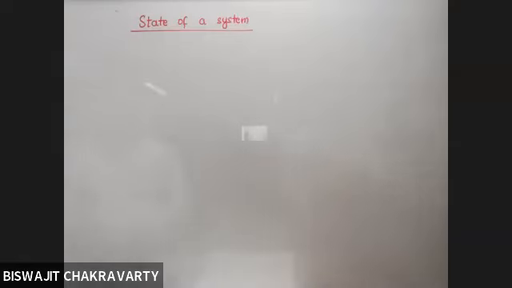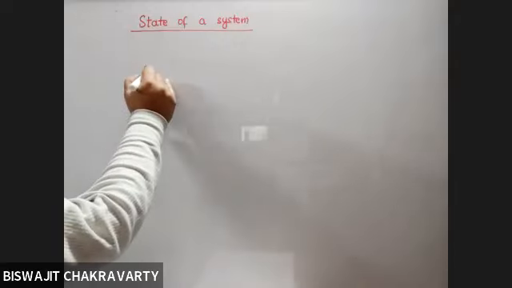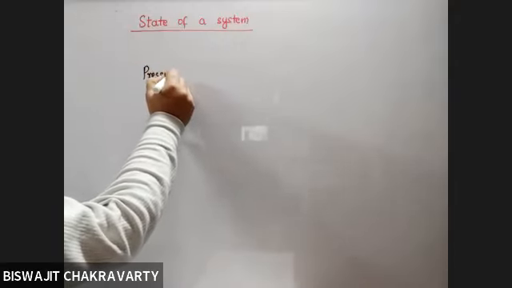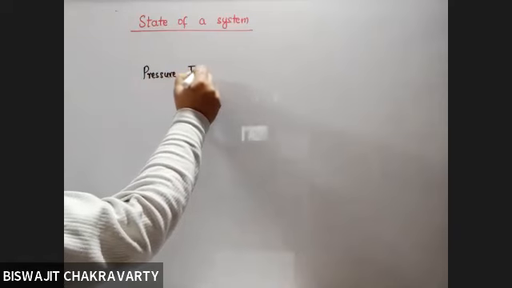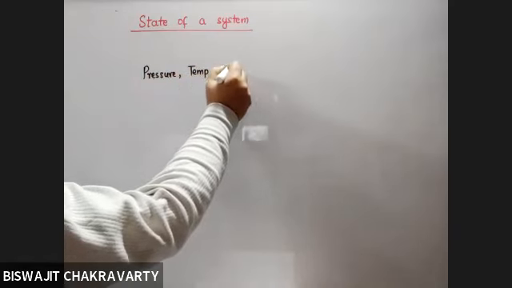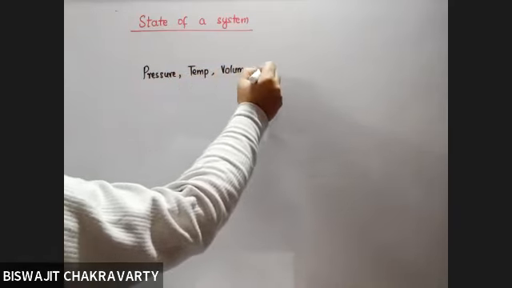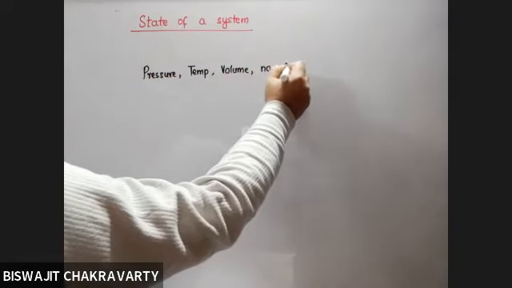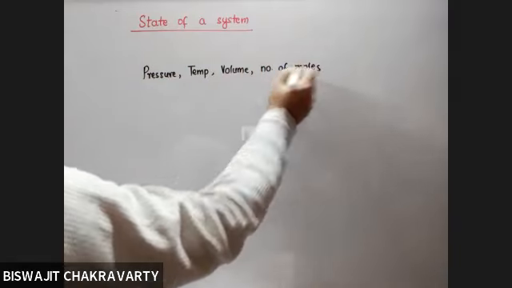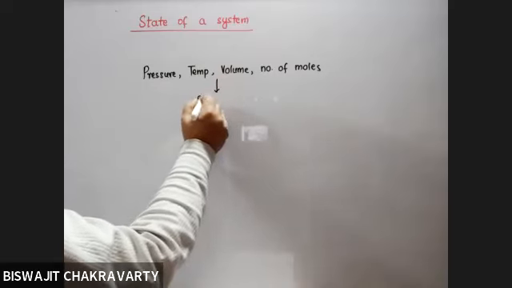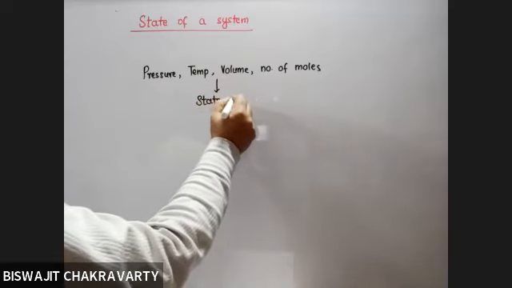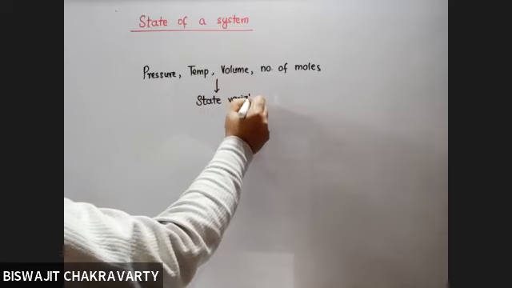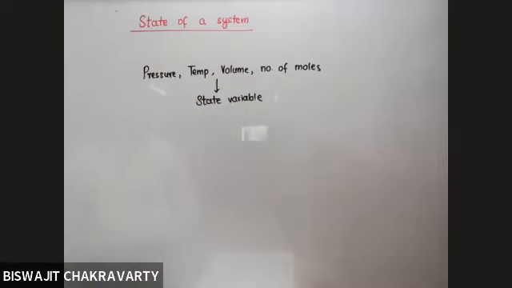Okay, so pressure, temperature, volume, number of moles, all these are referred to as state variables. So they define a state. Now, during any process, if they do not change, what do we say?